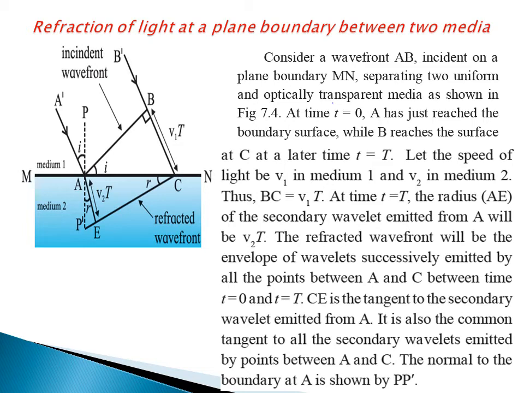After time t, the point B will reach point C. That means all points along a wavefront will reach simultaneously between time 0 and t. Now point A will act as a secondary source of light, and the secondary source of light emits secondary wavelets. But these secondary wavelets are created in the second medium.